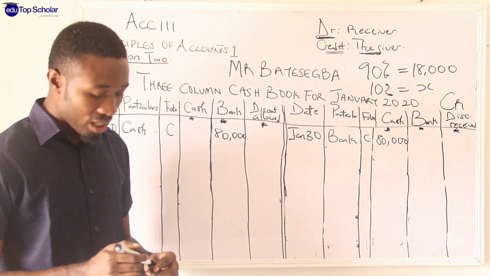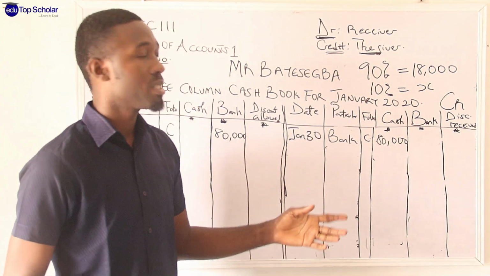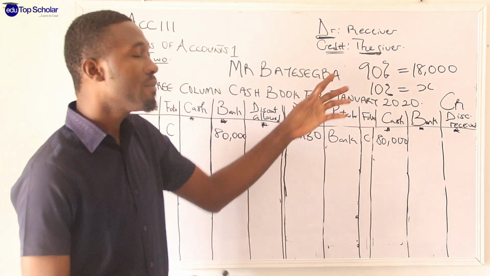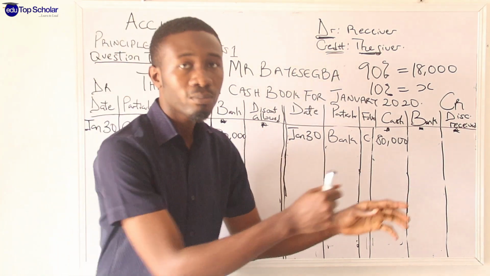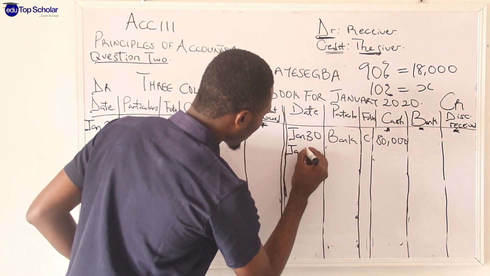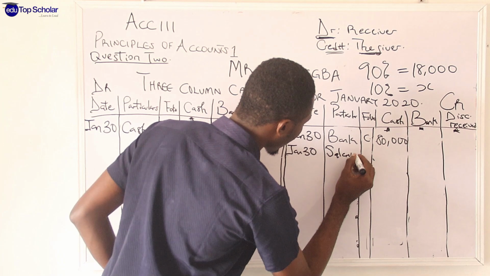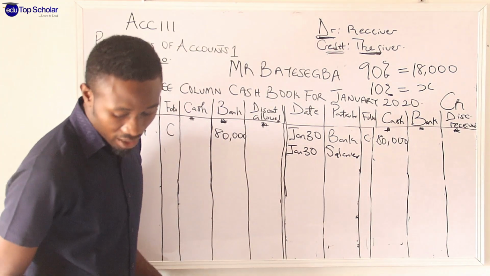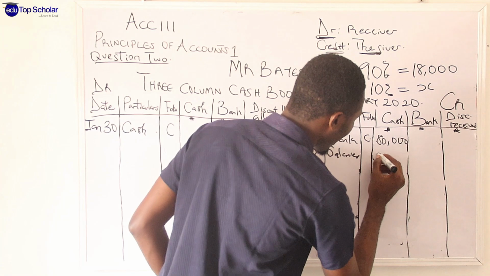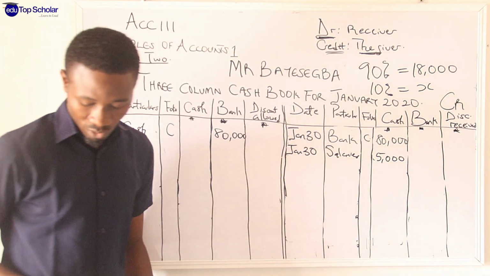Whenever we have money going out of the business in any form, we will record it on the credit side because we are the giver in this case. Money is leaving the business. So we have January 30, we paid salaries and it was by cash. So we record it under the cash side as 5,000 naira.